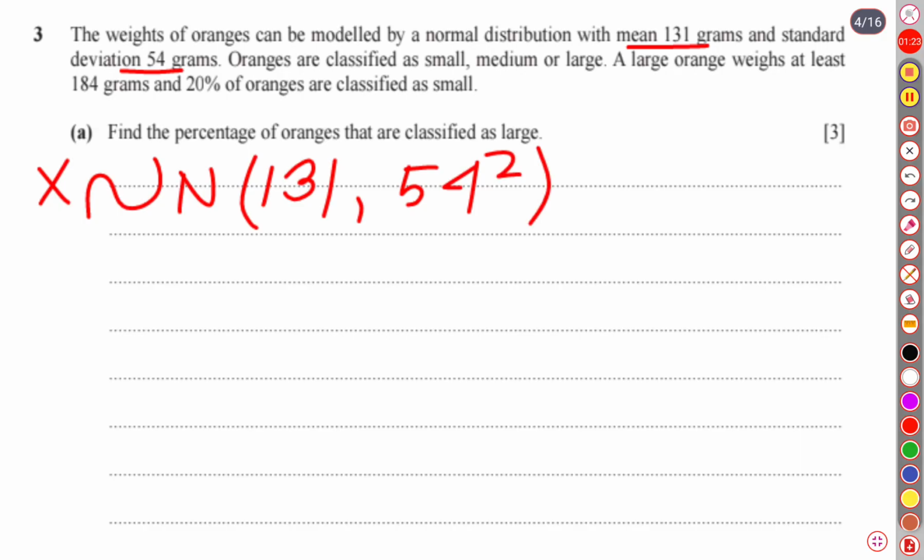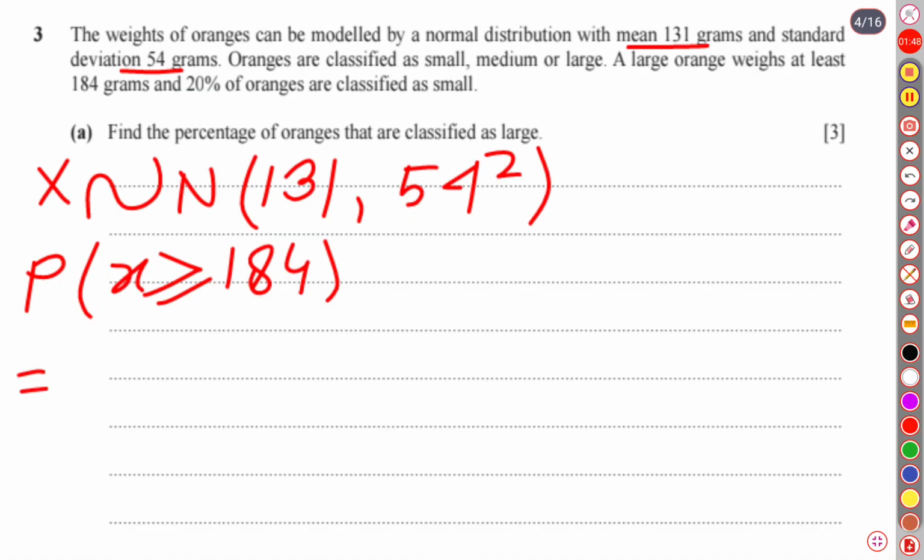Then they have told us to find the weight of the oranges which are classified as large. So what is written about large? A large orange weighs at least 184 grams. So that means it may be greater than or equal to 184 grams.